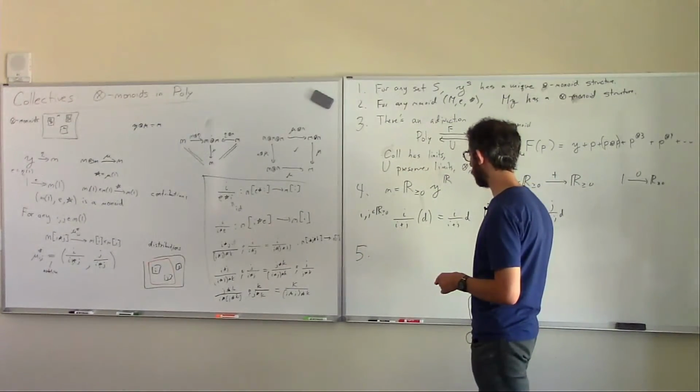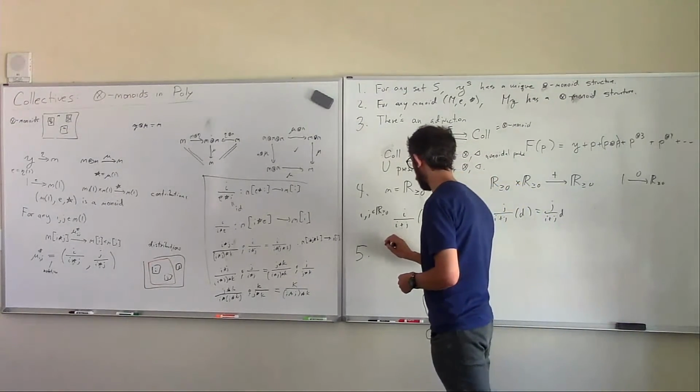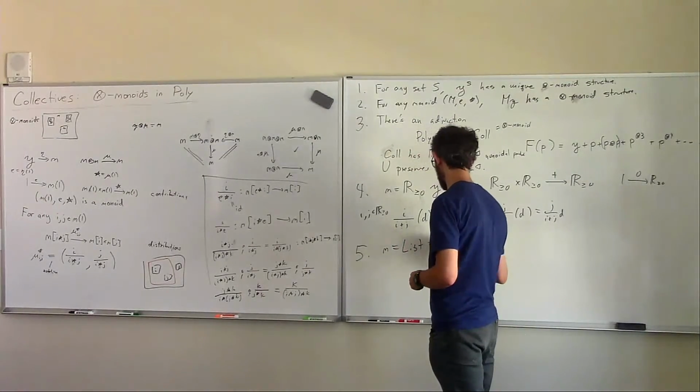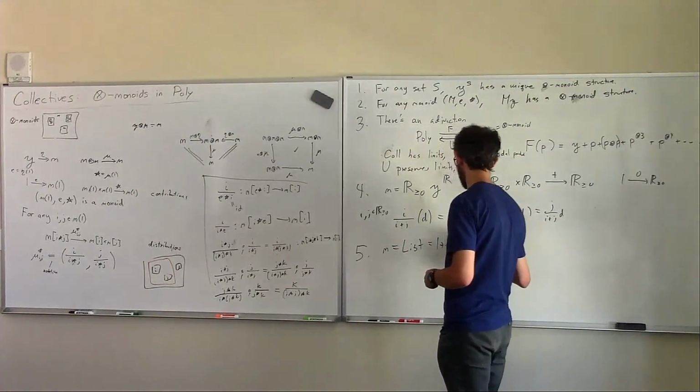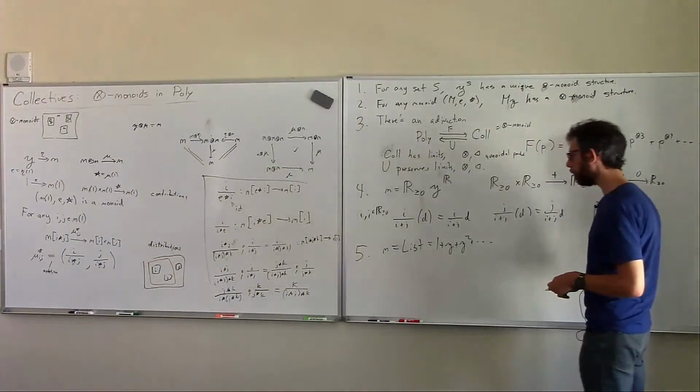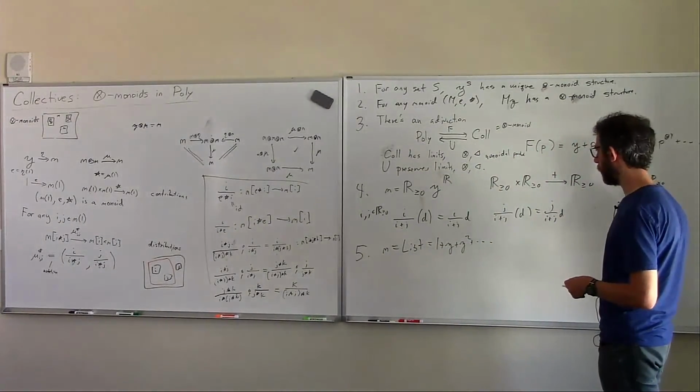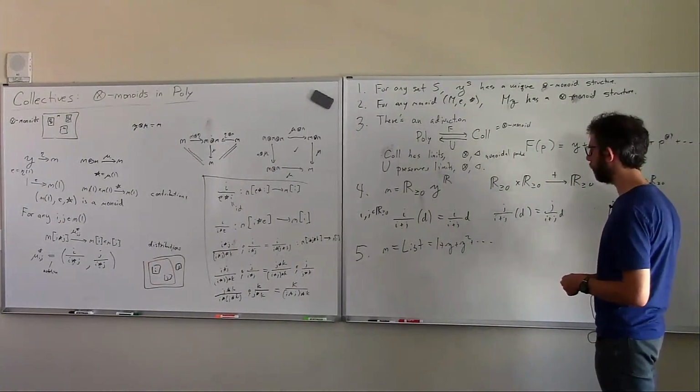There's two examples with list. So let's do M equals list. And list, if you remember, is 1 plus y plus y squared plus dot dot dot. In the first one, this one is commutative. I'm going to give you another commutative one.